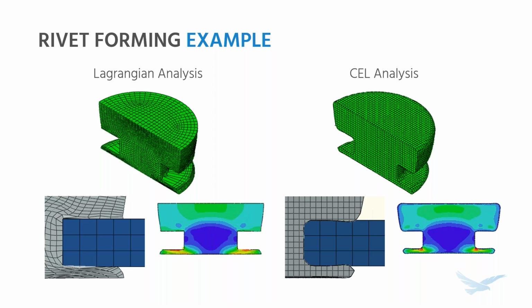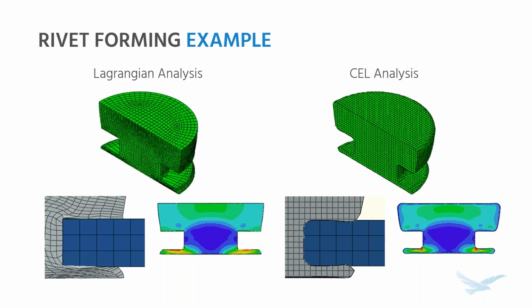Instead, we're actually getting them where we have the most mesh distortion. The mesh is getting caught up on the sharp corner, and we're getting some results that maybe aren't so accurate. And so by switching to CEL, we're able to improve the accuracy here.